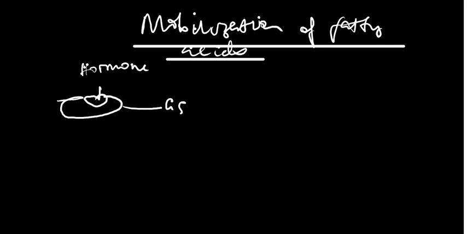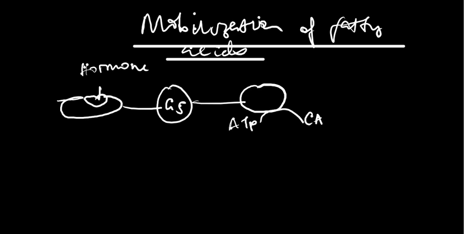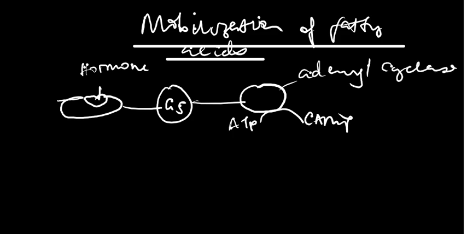Then there are what we call G-coupled proteins, and these form what we call cyclic AMP with the use of ATP. So we have cyclic AMP, and of course this is the enzyme adenyl cyclase.